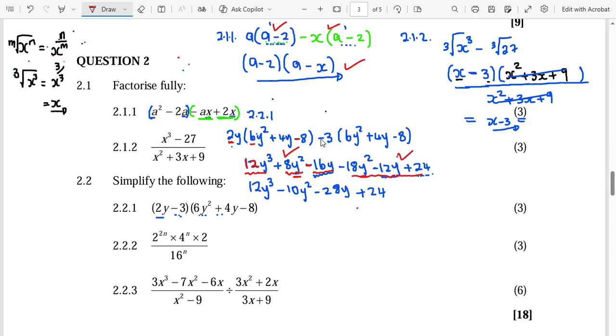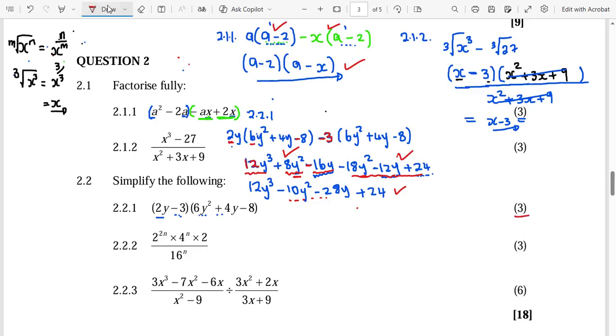For multiplying out the bracket by minus 3, there's a mark for that. And then now let's say that maybe you made a mistake somewhere when you add the like terms. You still have 2 marks because you multiplied the bracket correctly. So now what's next? There's another mark for the final answer. That's how you collect the 3 marks.